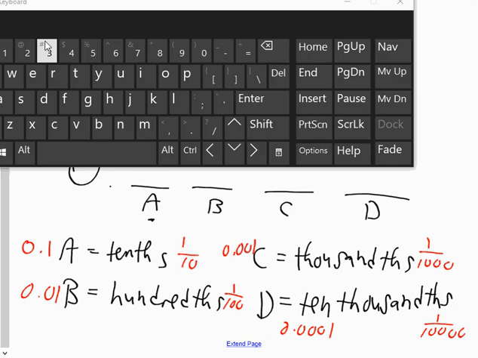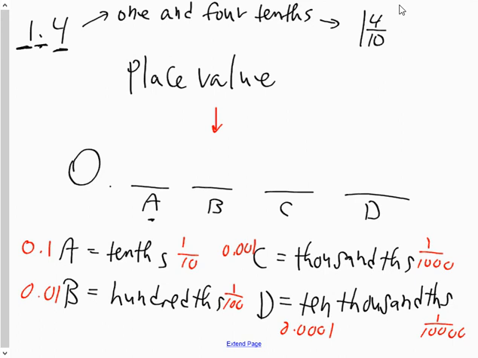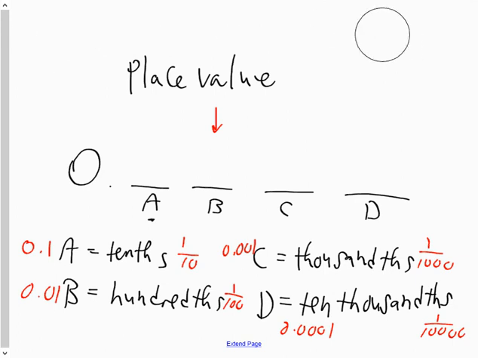One more example. If I gave you, what does this say? This would be, so this one, our whole number here is 12. So we're going to start with the word 12.